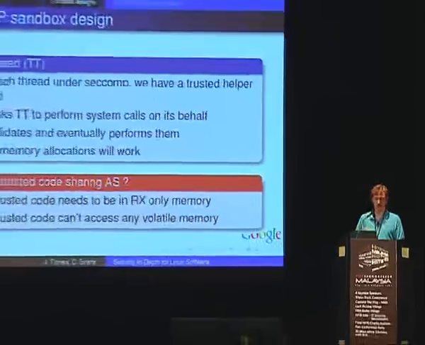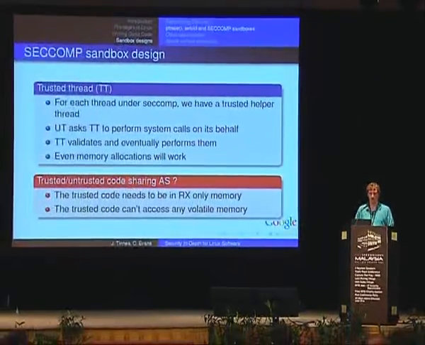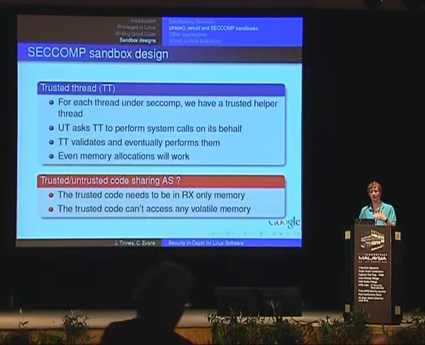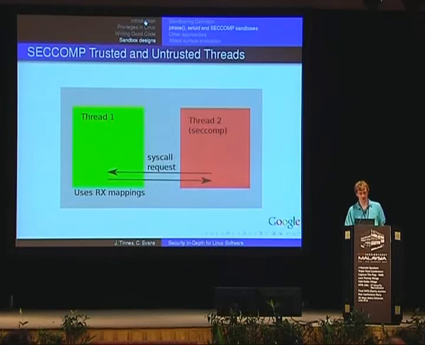So what you have to do is quite complex, because the trusted code needs to be in read and execute only memory. Otherwise, the untrusted code could modify the trusted code, which would be an obvious security vulnerability. Then the trusted code cannot access any volatile memory, because there is another thread running at the same time that could modify this volatile memory that the trusted code is relying on. So this is quite a challenge.